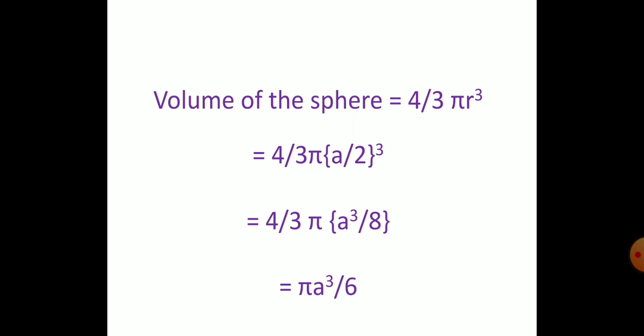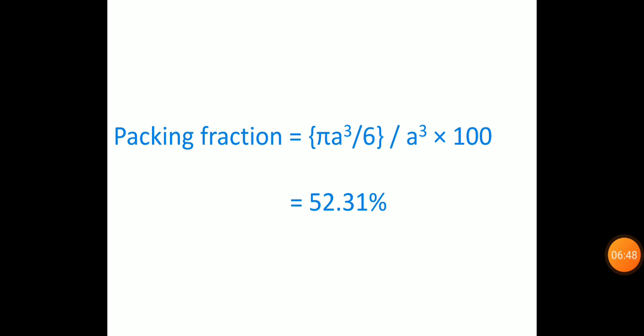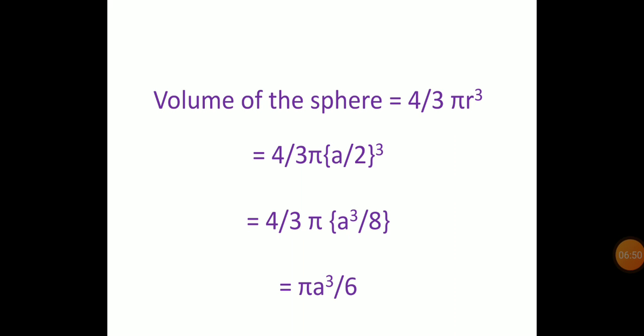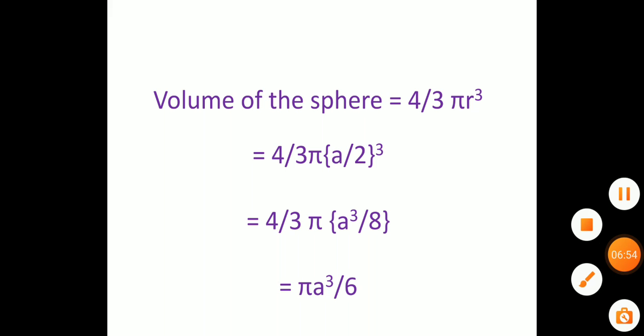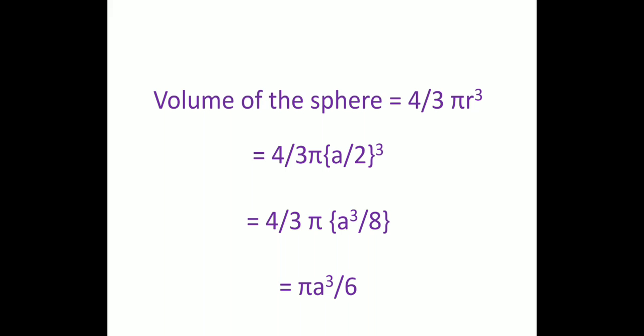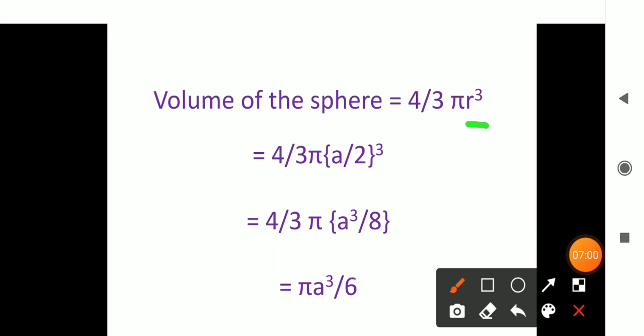Look here, volume of the sphere is equal to 4 by 3 pi r cube. This formula you might have studied in your lower classes for calculating the volume of a sphere. In the place of r we have to substitute A by 2.